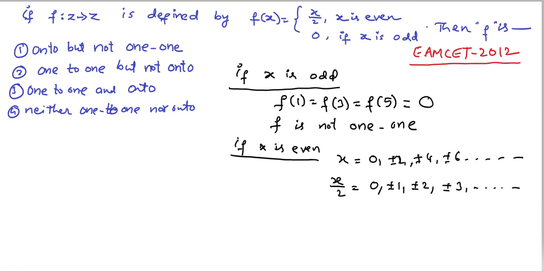That means here the x by 2 values are 0, plus or minus 1, plus or minus 3 and so on.